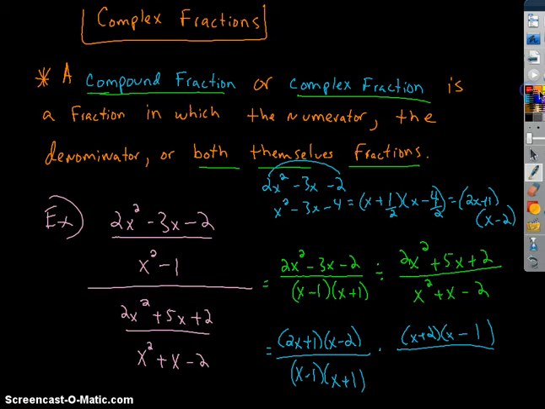Given 2x squared plus 5x plus 2, you factor using this, you get x squared plus 5x plus 4.